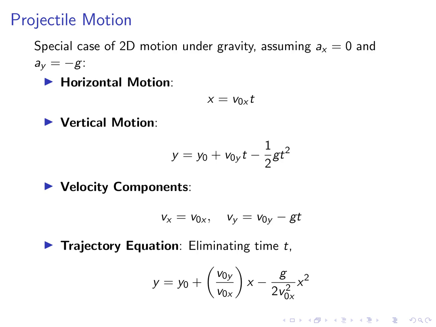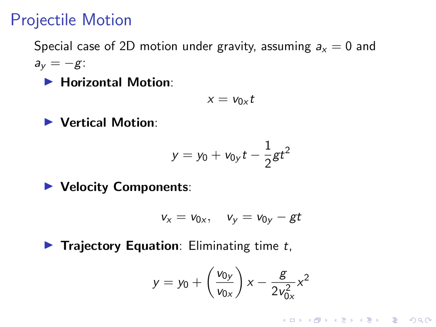A special case of 2-dimensional motion is projectile motion, assuming no horizontal acceleration and a vertical acceleration due to gravity. For horizontal motion, x equals v0x t. For vertical motion, y equals y0 plus v0y t minus 1/2 gt squared.